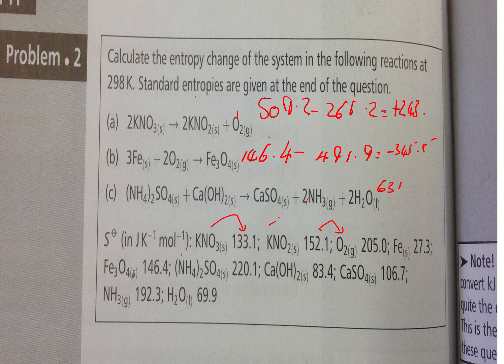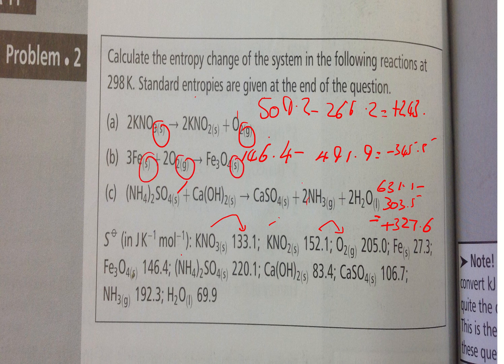So the last one is 631.1 minus 303.5, and that gives us a positive one again, and it's 327.6. Let's just check qualitatively that we would be on the right side. So we have two solids, we've got a gas here, so we're expecting a positive value, which is what we got in part A, so that's fine. Part B, we have three solids, two gases going to one solid.